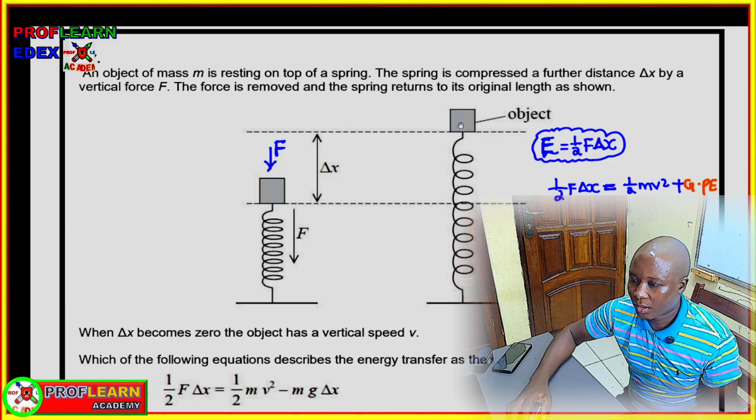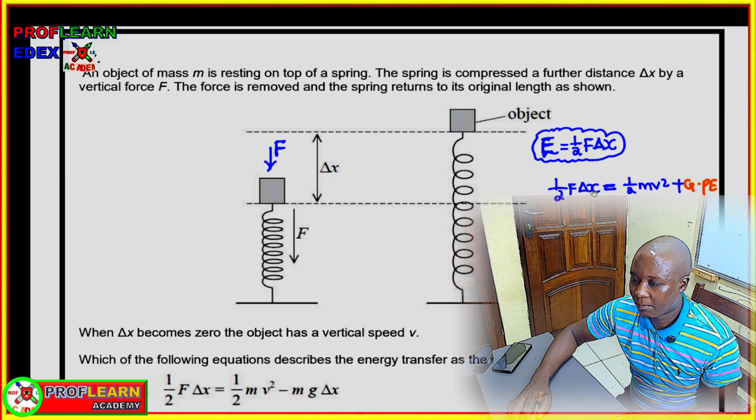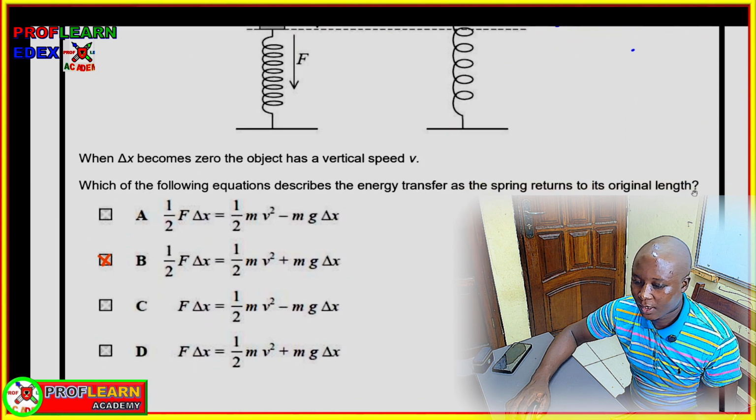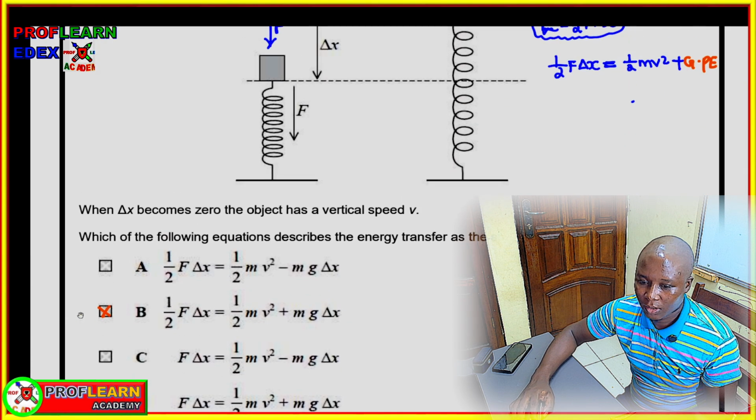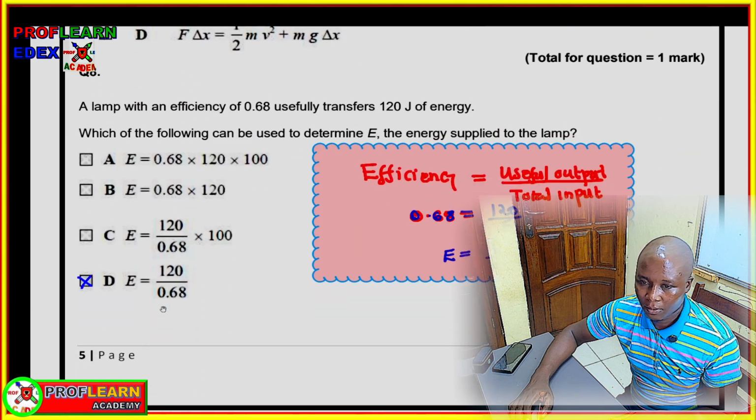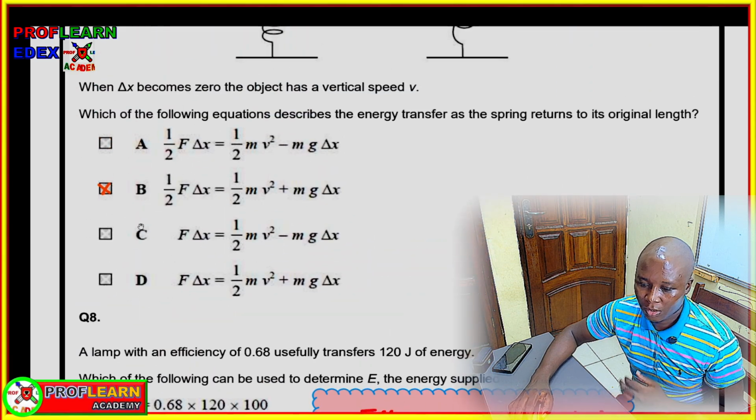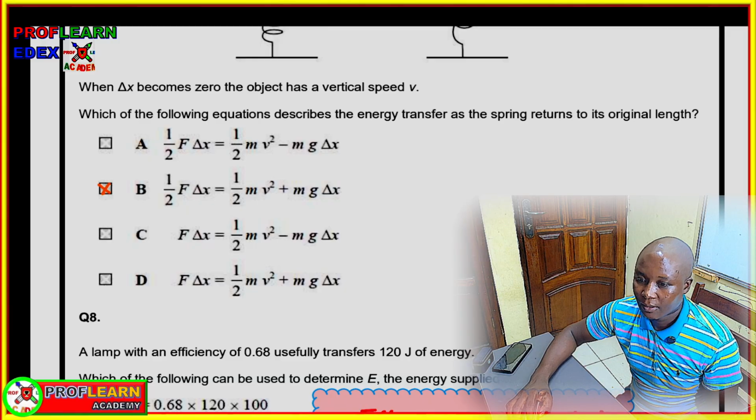So ½ F change in extension equals ½ mv squared, which is the kinetic energy, plus the gravitational potential energy at that point. So the correct answer here is B.